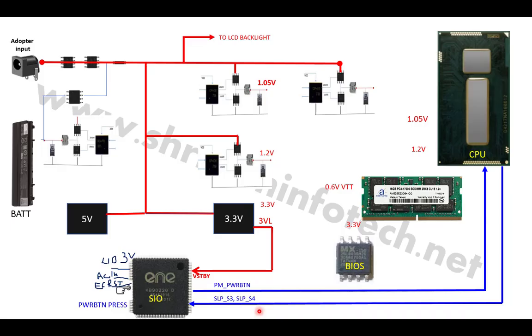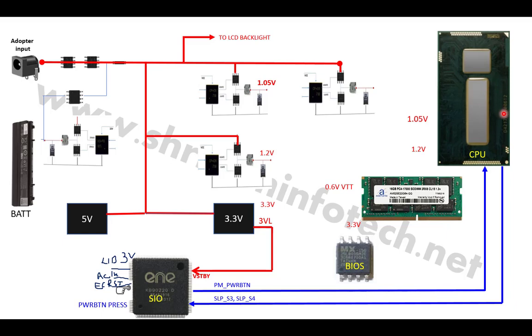Both signals will become 3 volt. Before the power button both signals will be 0 volt. After pressing the power button both signals will become 3 volt. So you have to check that, and if these signals are coming, that means the CPU is okay and responding, and if the signals are not coming, that means there is some problem related to the SOC.